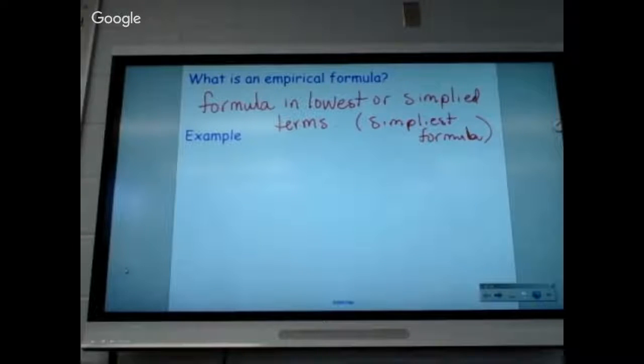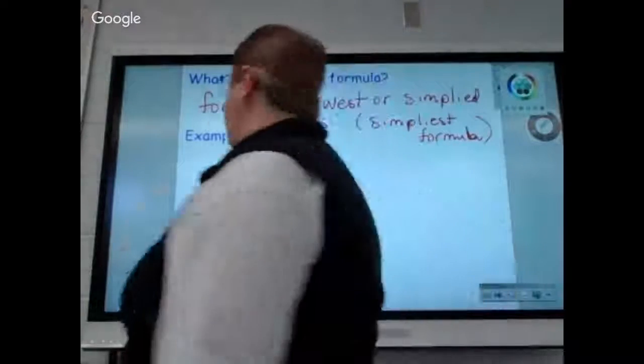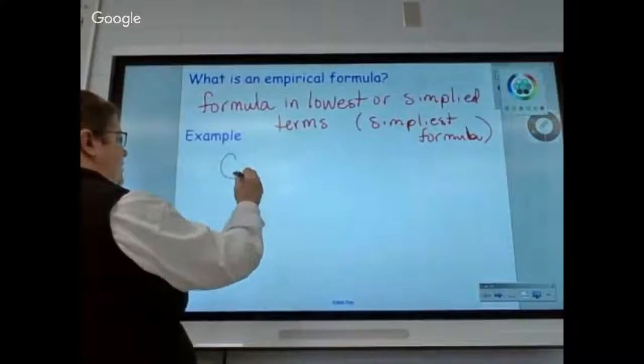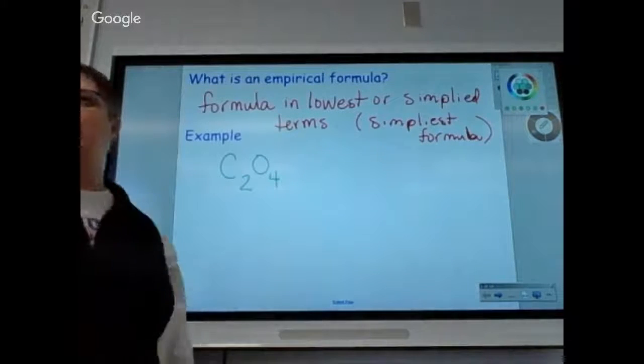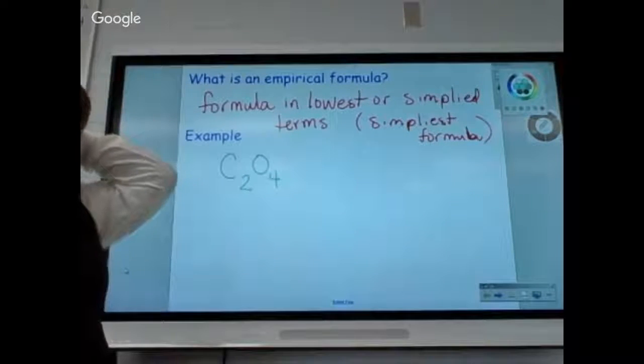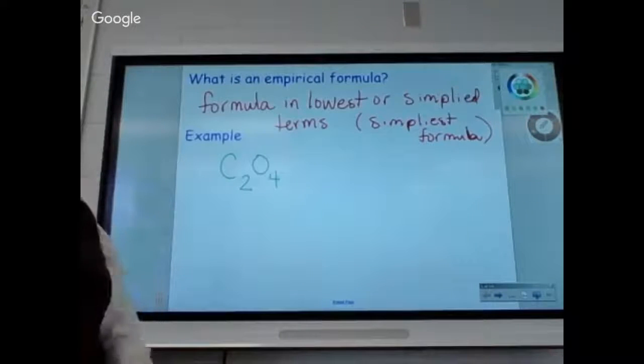We're going to be looking at subscripts to figure out if a compound is an empirical or a molecular formula. So, if we have something like C2O4, which we were actually just talking about, is C2O4 in lowest terms?